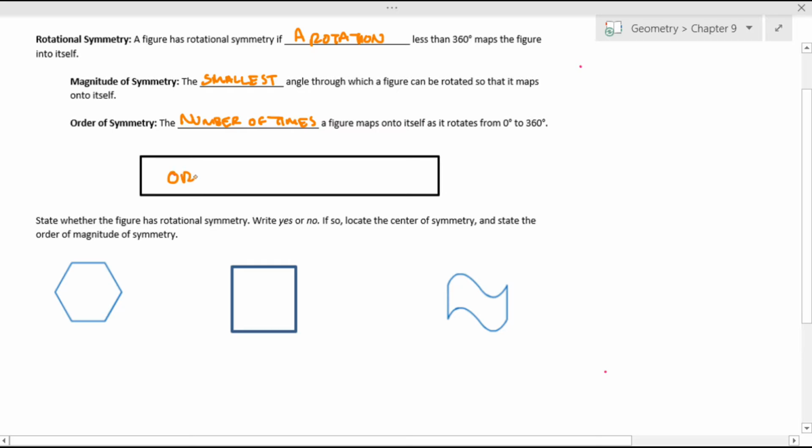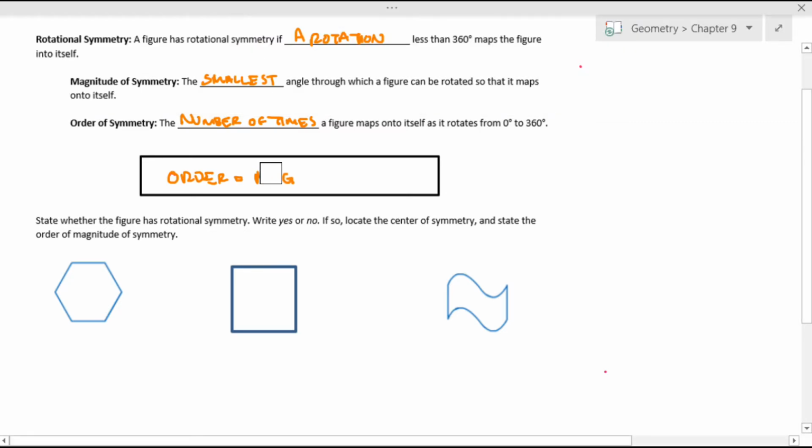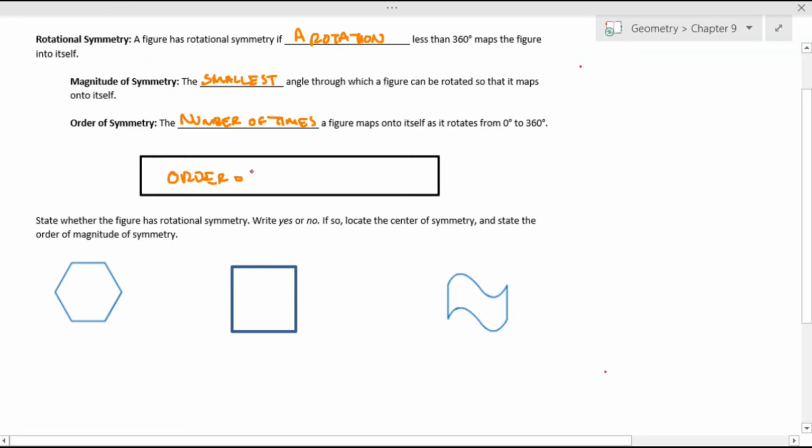Oh, sorry, not the magnitude. The order is equal to 360 degrees divided by the magnitude.